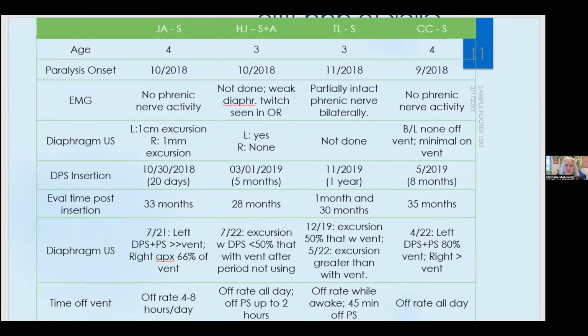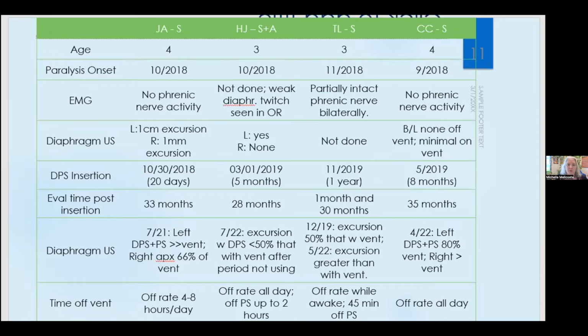So these are the 4 patients, and what I've listed is their age at onset of AFM as well as the date. The phrenic nerve EMG that is done, and I don't know if Matt Elric is on this call, but thank him for doing these and documenting them so nicely. The diaphragm ultrasound, if one was done prior to the pacer placement, then the date of the placement, and then underneath that I've listed the time frame.